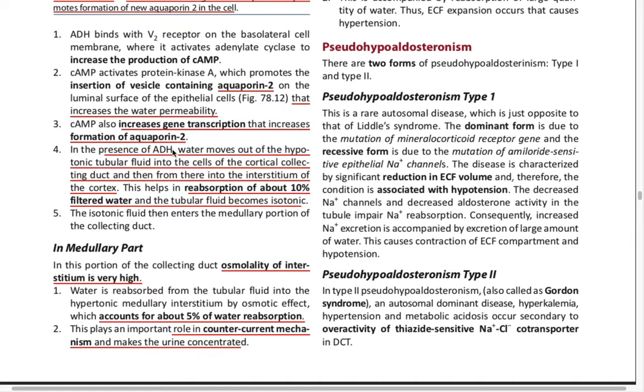In the presence of ADH, water moves out of the hypotonic tubular fluid into the cells of the cortical collecting duct and then from there into the interstitium of the cortex. This helps in the reabsorption of 10% of the filtered water, and the tubular fluid becomes isotonic. This isotonic fluid then moves into the medullary portion of the collecting duct.